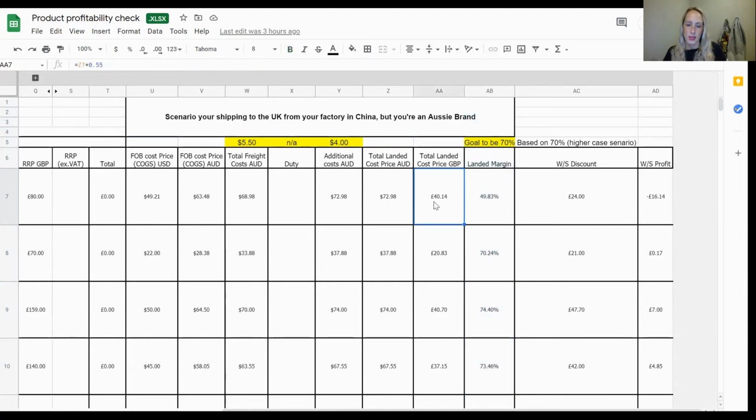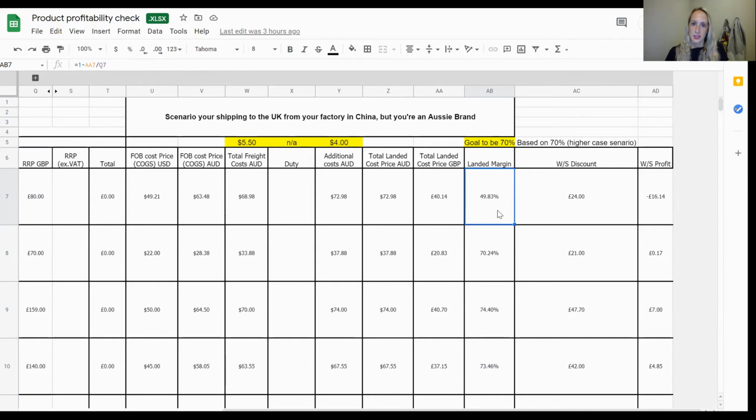And now what you're looking at is how much margin, how much profit are you going to make if it cost you £40 and you're going to sell it at 80. So here we can see it's pretty much 50%. That's the margin you're going to make. And I can tell you right now that that's not going to make you that much profit.